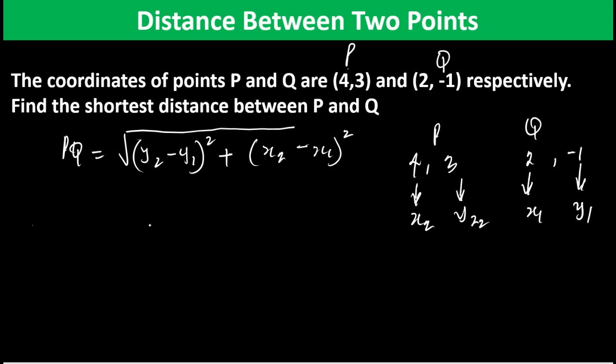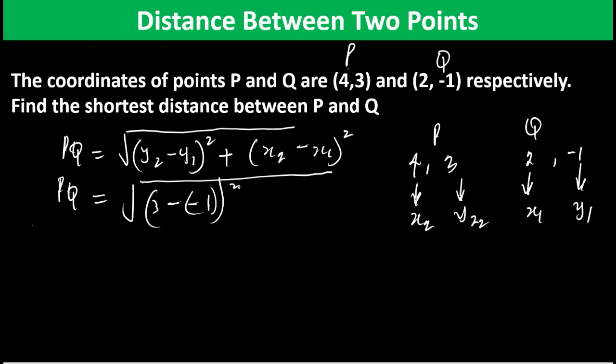Now let's impute. This is quite faster, so that PQ now will be the square root of y2 is 3 minus 1 all squared plus x2 is 4 minus 2 all squared.